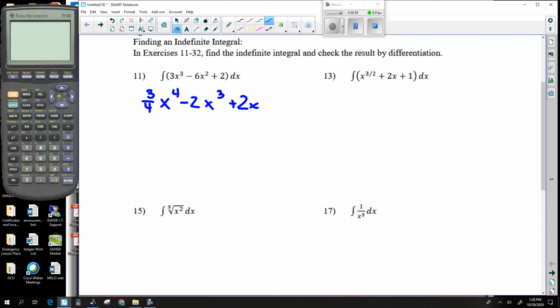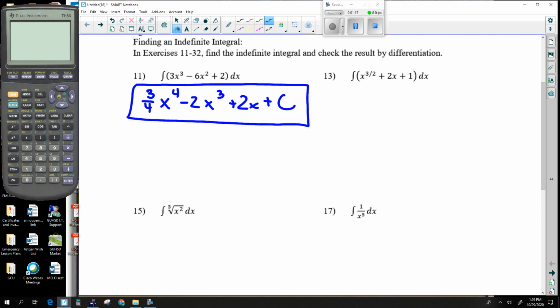Because it's an indefinite integral, it doesn't have numbers here. We're not evaluating it. If there were numbers, this is where we'd stop and say 2 to 4 or whatever it is, and evaluate there. But because this is indefinite, we get that all important plus c, because there would be some constant coming onto this.